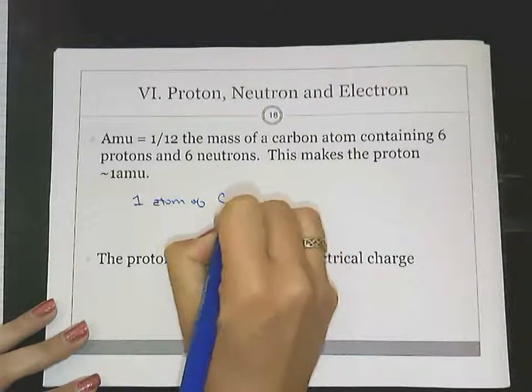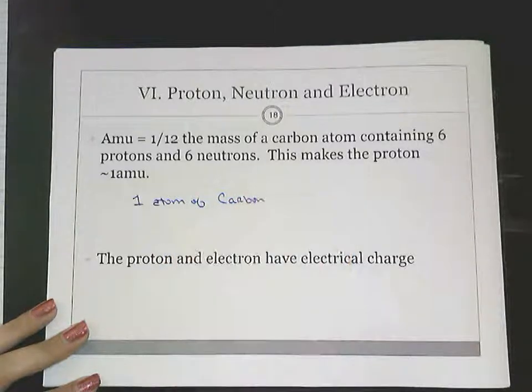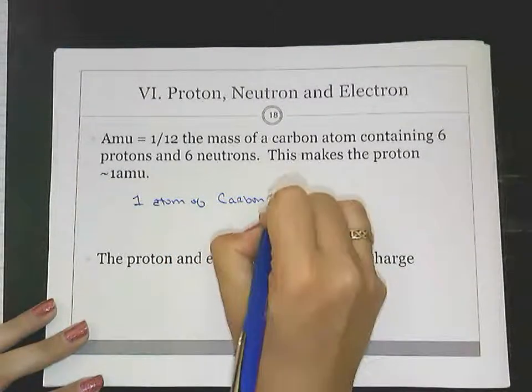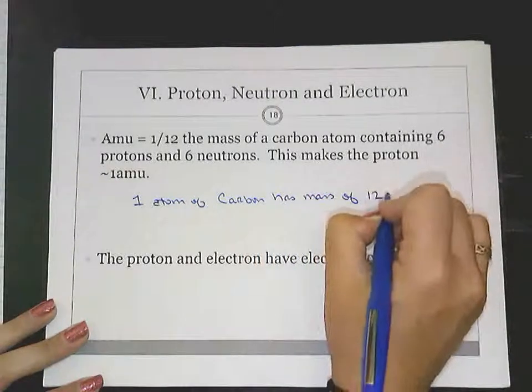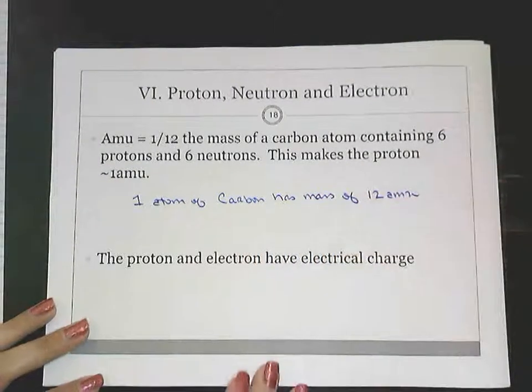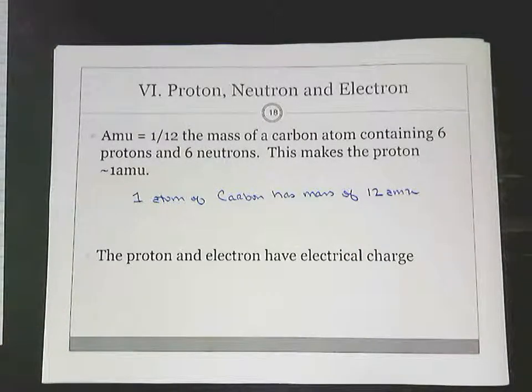So if I have one atom of carbon that has a mass of 12 AMU, because it has 6 protons, 6 neutrons, which, if you can see the periodic table from where you're sitting, it is this number on the bottom, that 12.001, that is the atomic mass units for a given atom.